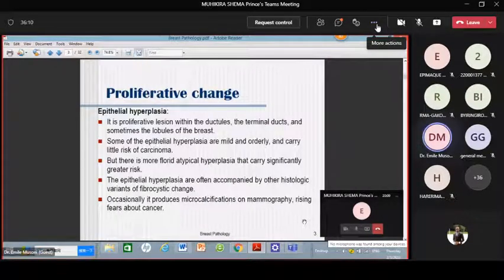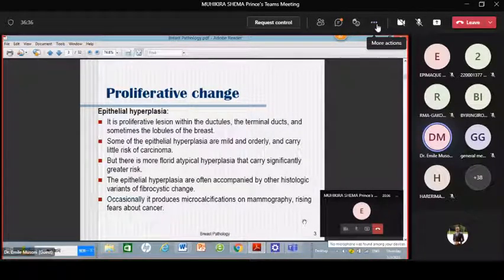So there is what we call proliferative changes. These concern epithelial hyperplasia. This epithelium can be in the duct and the breast gland. So they say it is a proliferative lesion within ducts, terminal ducts, and sometimes the whole lobule of the breast.